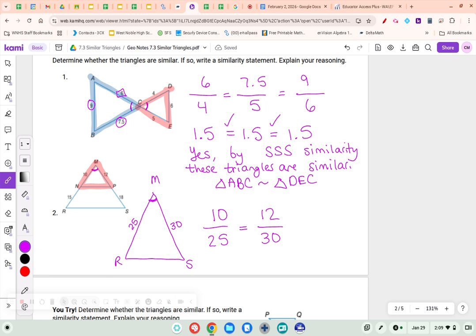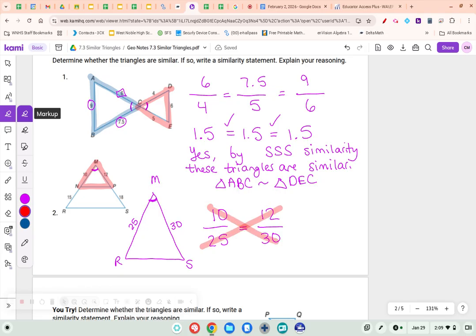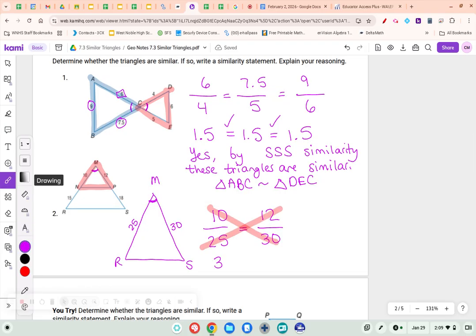Reduce your fraction, find a decimal, or cross multiply. And I am going to cross multiply on this one. So when I cross multiply, I end up getting that 300, because 10 times 30 is 300, equals 300, because 25 times 12 is 300. So we are good to go there. So we can say yes.